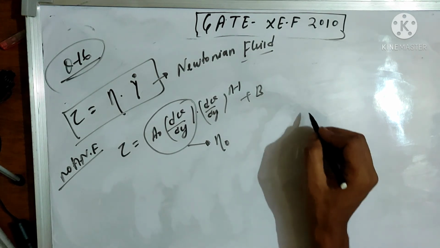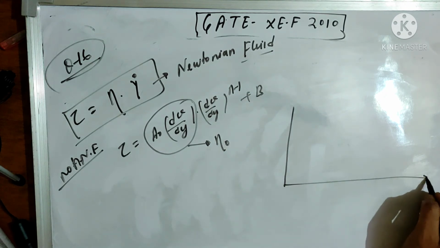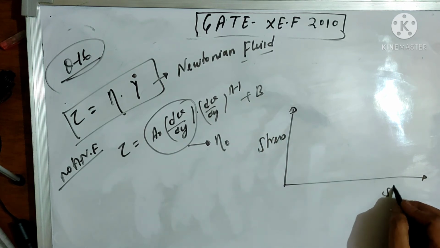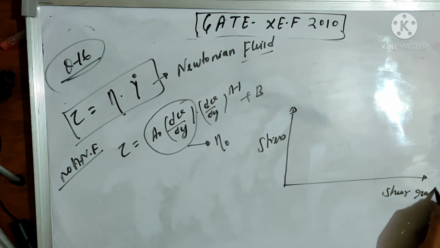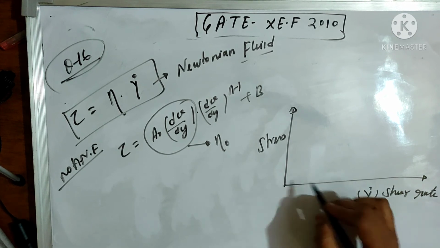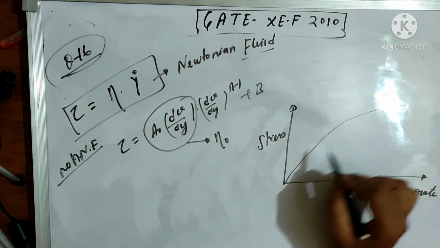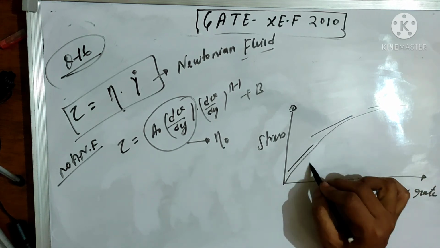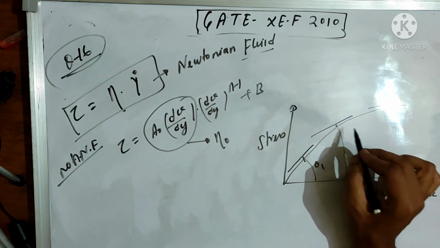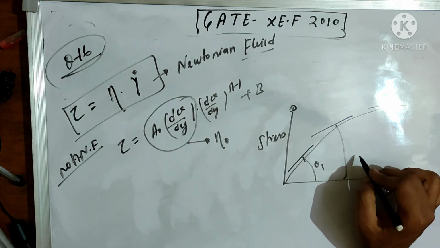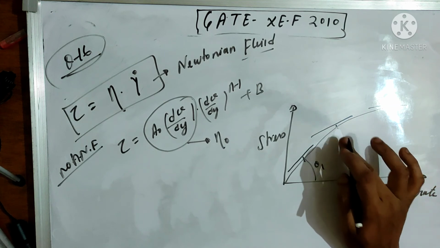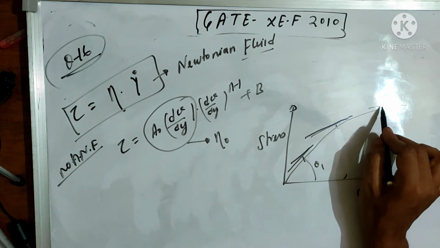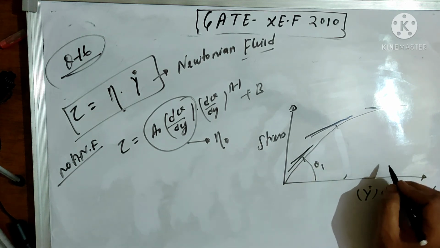Coming to the question, it is given that the curve is between shear stress and shear rate. You can see in the graph, the slope of the graph is continuously decreasing. This is theta 1. You can see this graph is continuously decreasing.